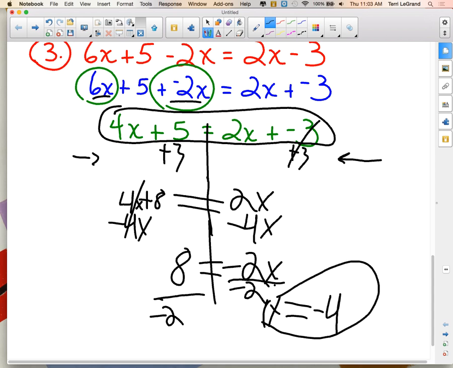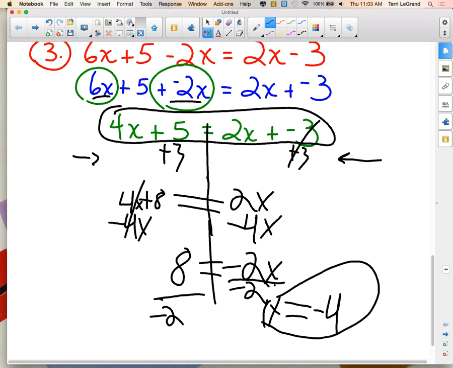So I would suggest this would have been a good way to do it. This would have been a good first move to make. This would have been the first move I would have made. Those of you who did it this way, did you get x equals -4? Okay? What's this become? 2x plus 5 equals -3.